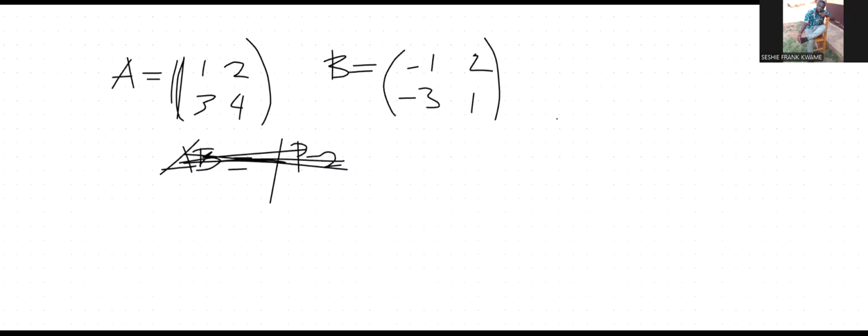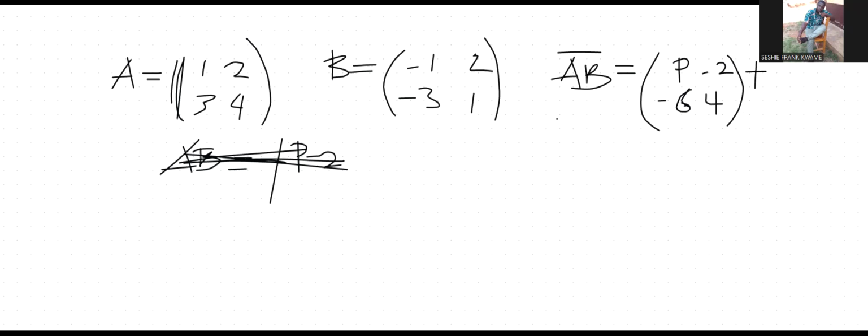If AB is equal to P minus 2, negative 6, 4, plus 3, 4, 2, 4, 2, negative 3, 2.